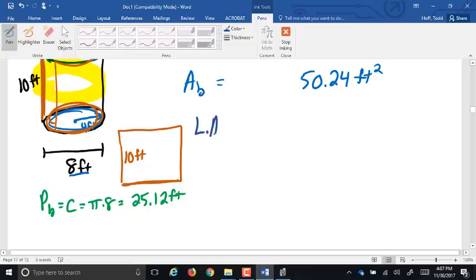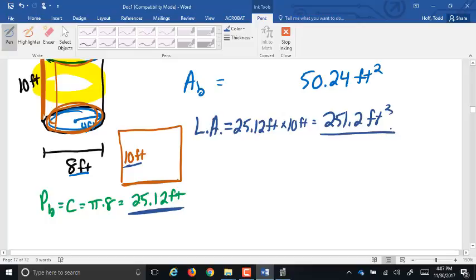So up here, my lateral area is found by taking the perimeter of my base times the height, which is 251.2 square feet.